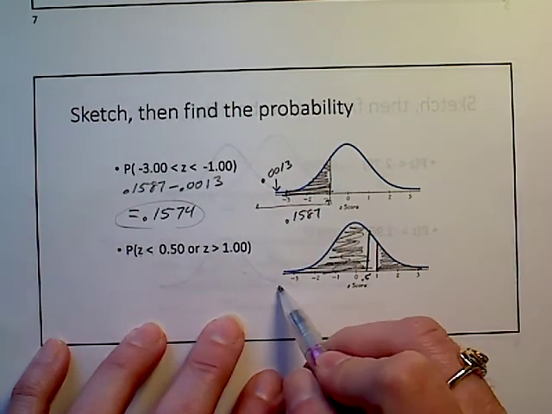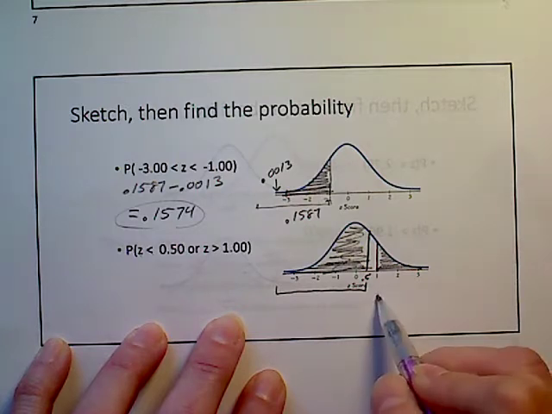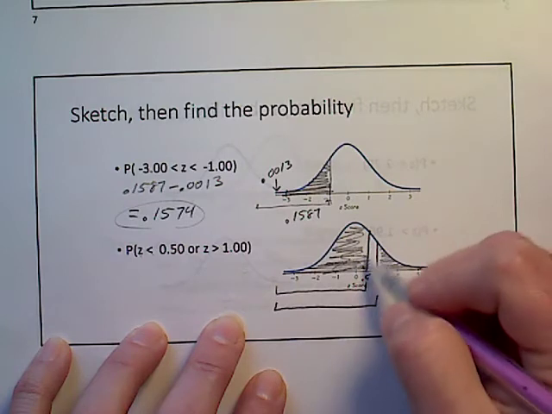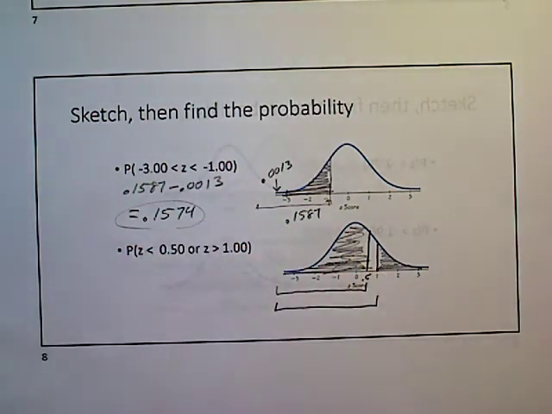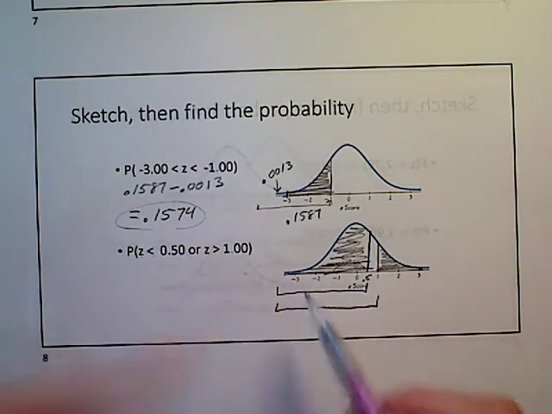Your table is going to give you this area, and your table can give you this area. And if I want the area over here, I'm going to have to do some mathy goodness and then use those two answers. Alright, let's go attack. I want the area to the left of 0.5.